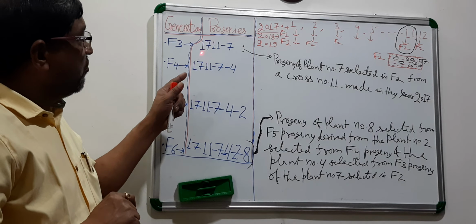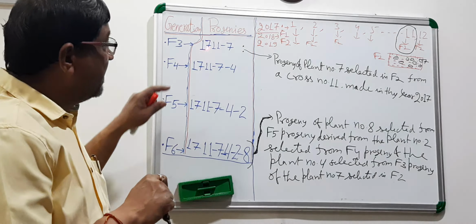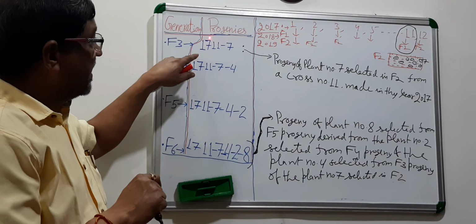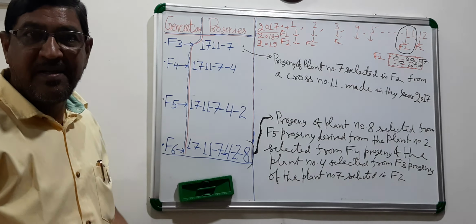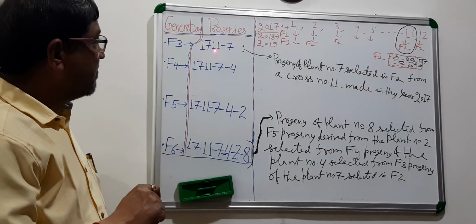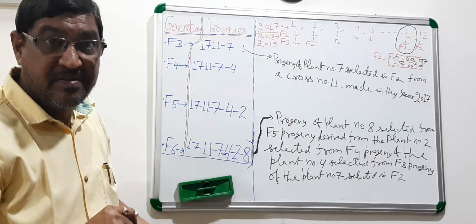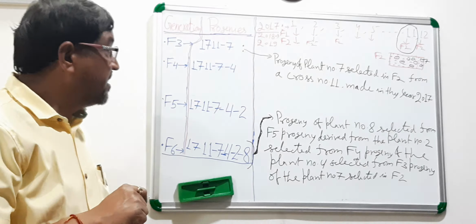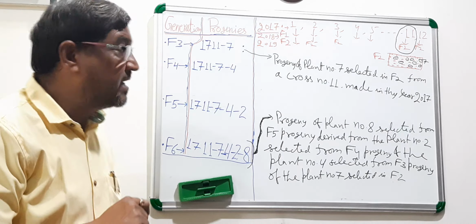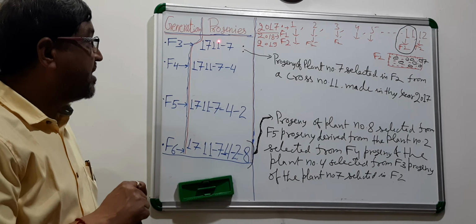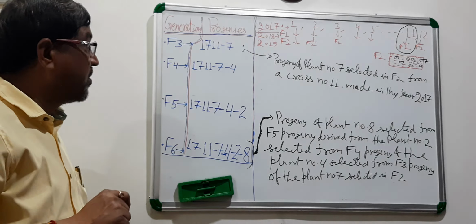So what does it mean? In your pedigree record, this means that this is the year 2017 in which the cross was made. This is cross number 11. These four digits tell you the year in which the cross was made. These two digits tell you the particular number of the cross.